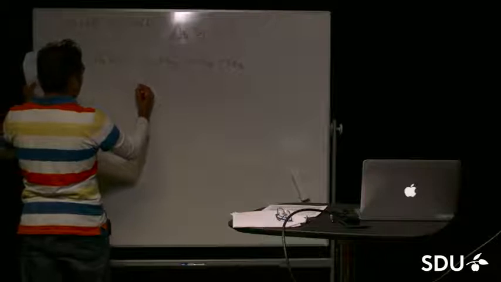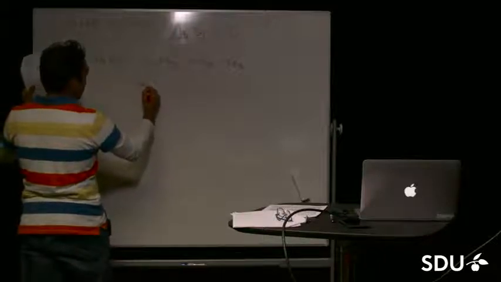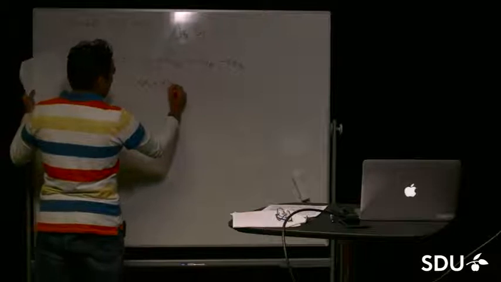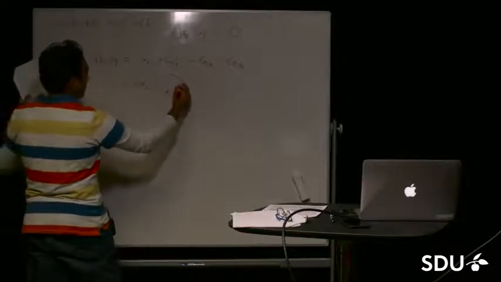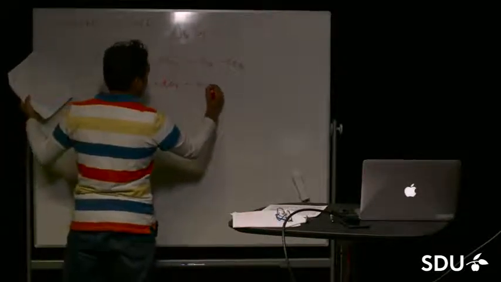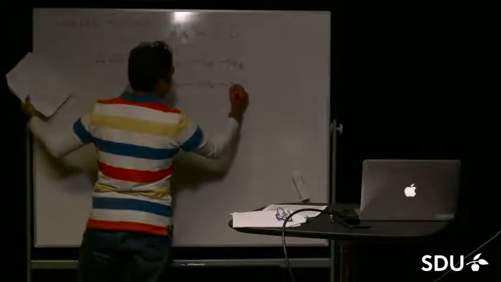So, the first term is the number of moles of C multiplied by the chemical potential of C, and so on for the products and for the reactants.